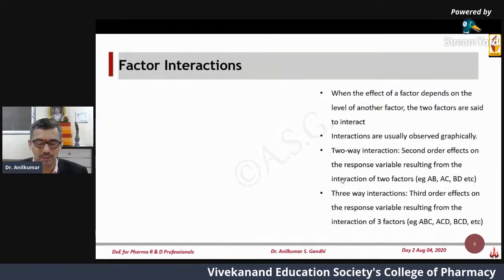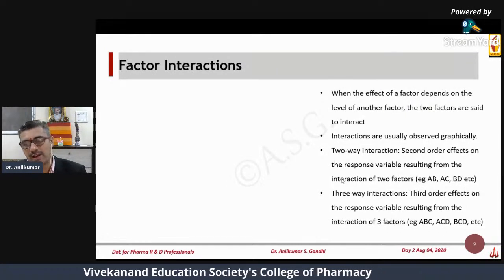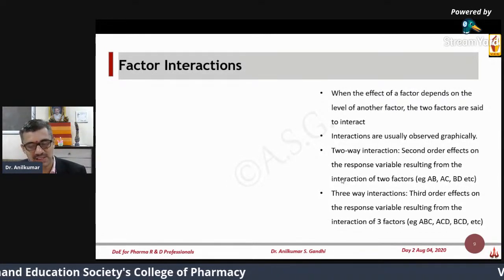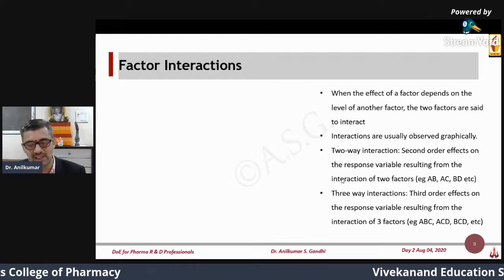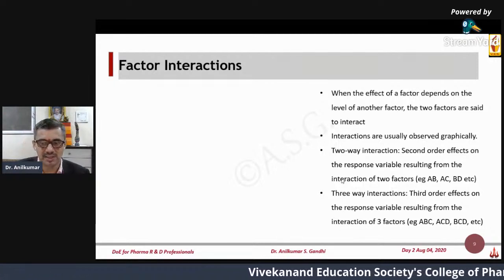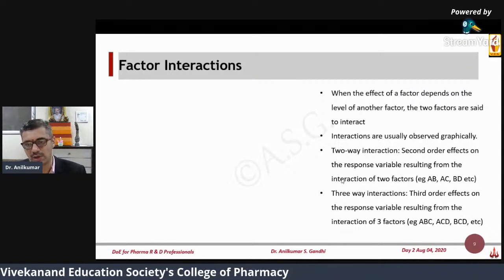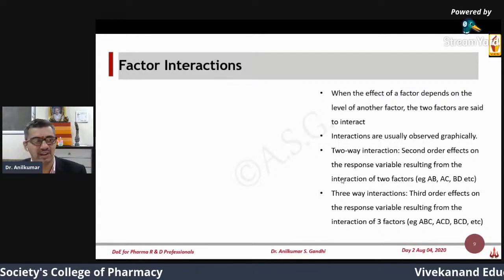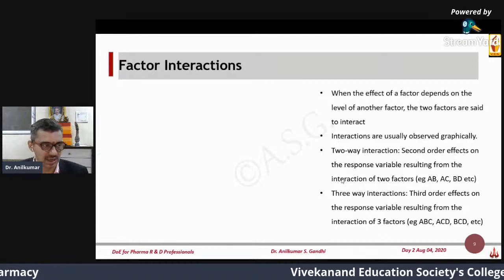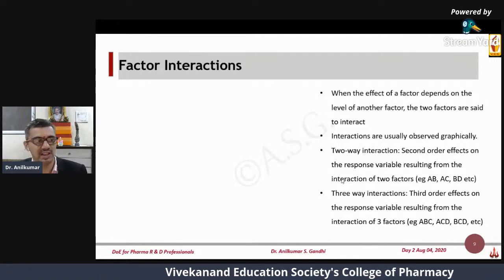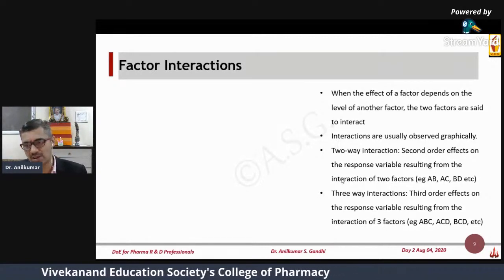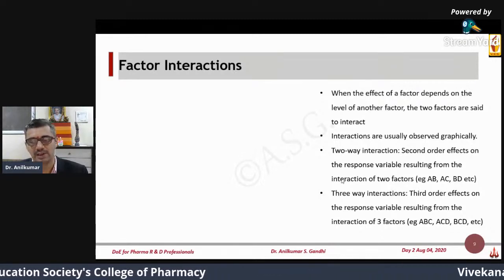In terms of our cake example, that is the interaction between temperature and sugar. So if sugar was factor C and temperature was factor A, then we will term it the AC interaction. That's how you label the interaction.